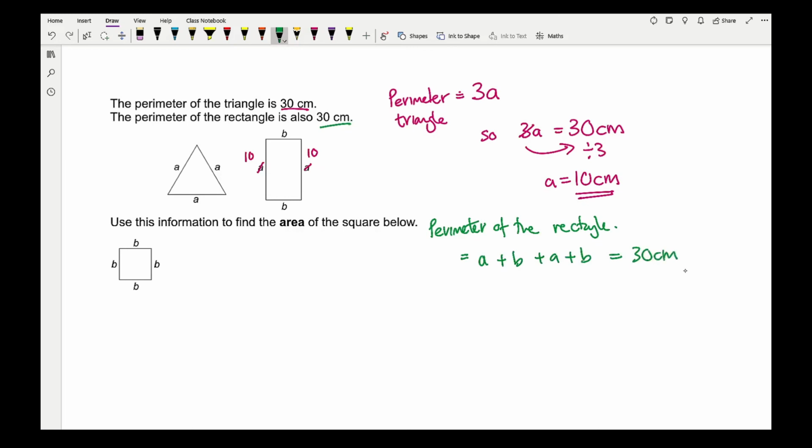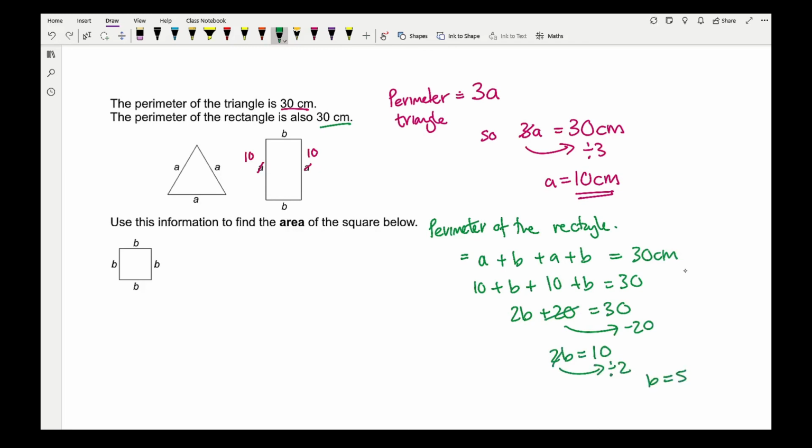So if a is 10, that's going to be 10 plus b plus 10 plus b equals 30. So I've got 2b plus 20 equals 30. Now if I take the 20 over to the other side by taking it away, I get 2b equals 10. Divide by 2, so b equals 5.